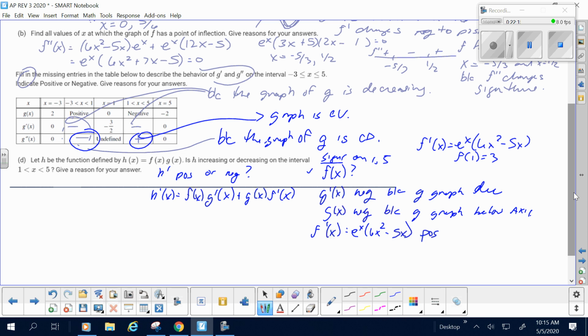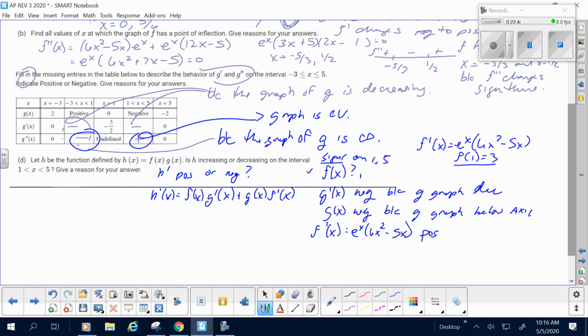Here's the deal. You know that at the start of the interval, at 1, f is positive because it's at 3. And what do you know about what f is going to do after 1? Well, we just said that f prime is positive, so f is going to increase. If it starts at a y value of 3 and only increases, doesn't that mean it's got to be positive?